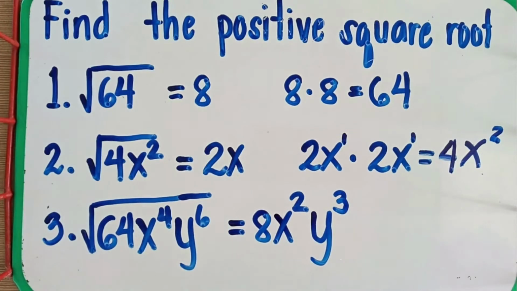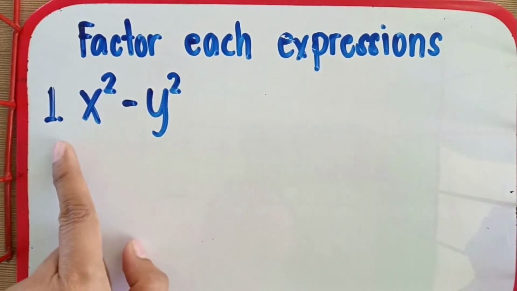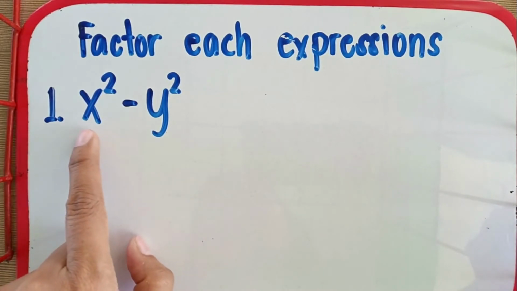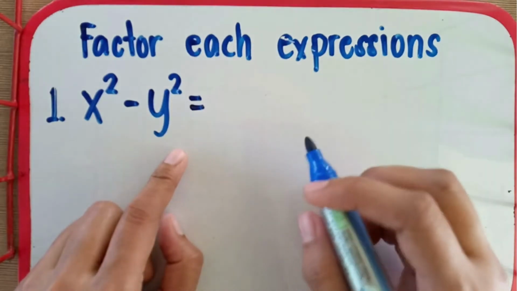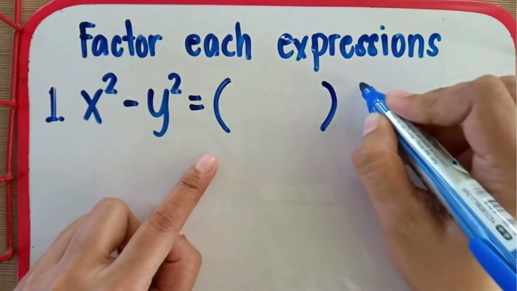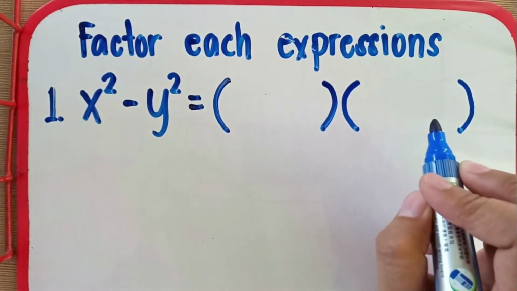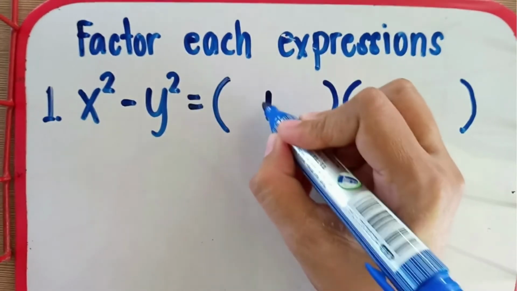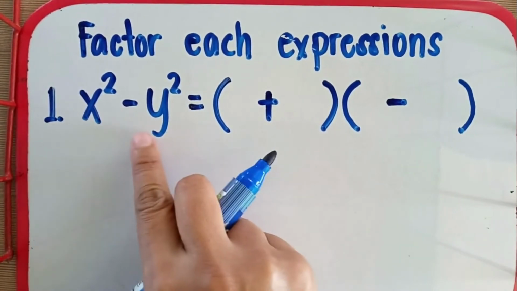So let's now have an example on how to factor the difference of 2 squares. Factor each expression. Example number 1: x squared minus y squared. The factors of this are 2 binomials. We express this as the product of the sum and the difference of the square roots of these two terms.